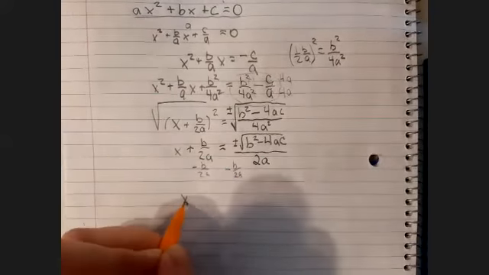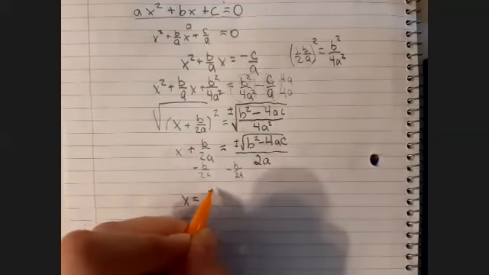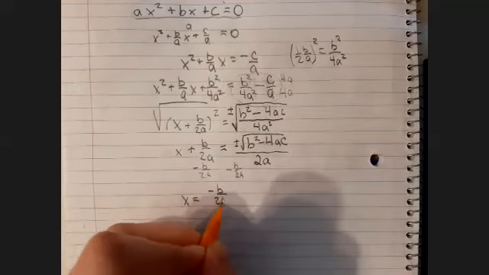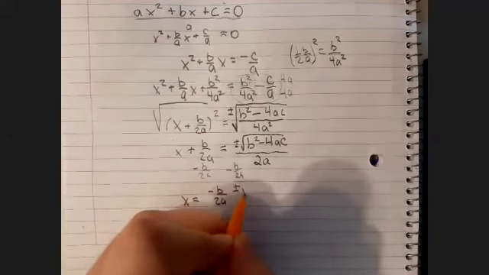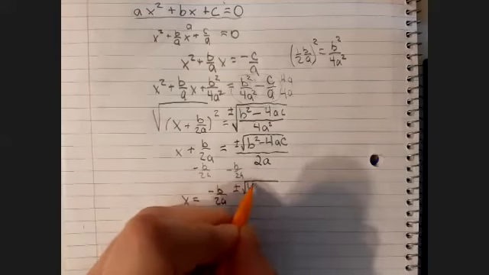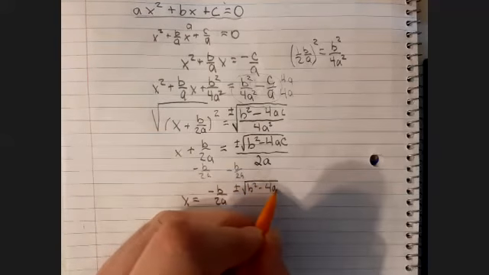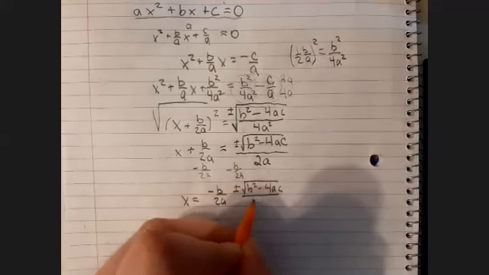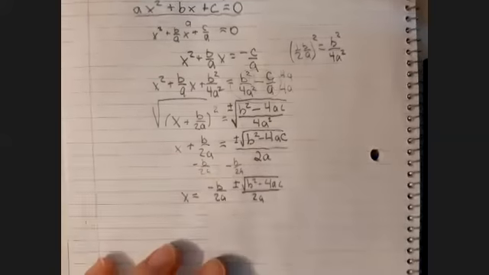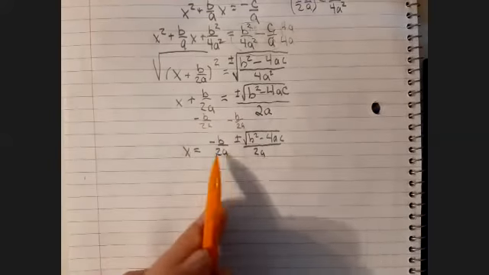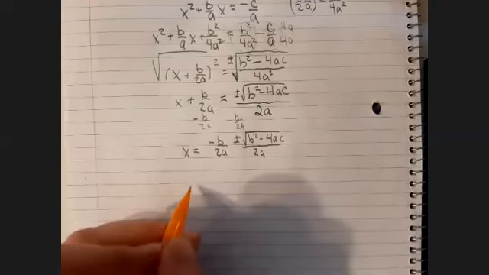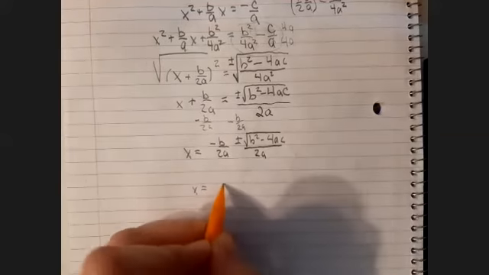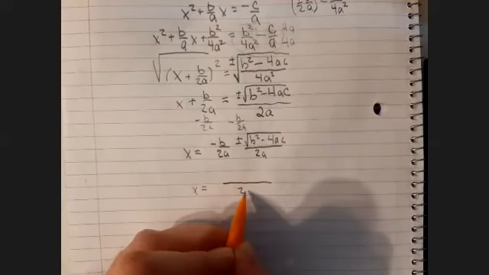And you would have x equals negative b over 2a plus or minus the square root of b squared minus 4ac all over 2a. And since these both have a denominator of 2a, you can write it as a single fraction with a common denominator of 2a.